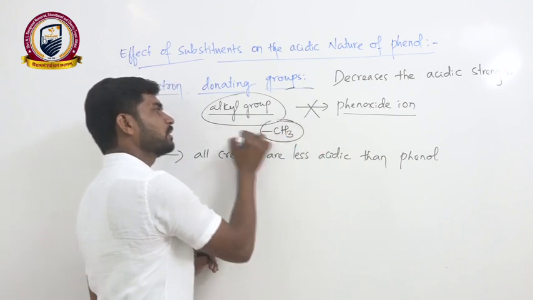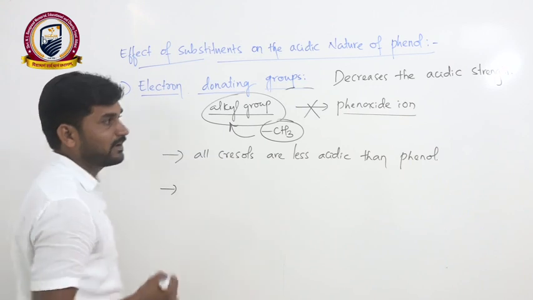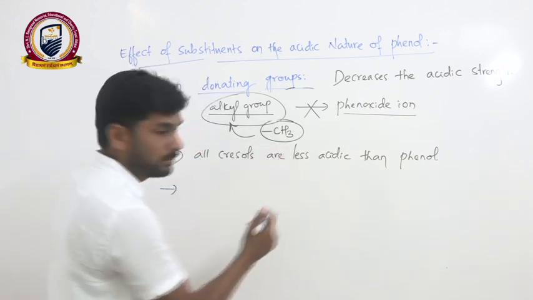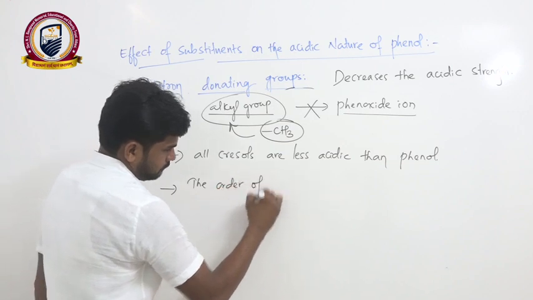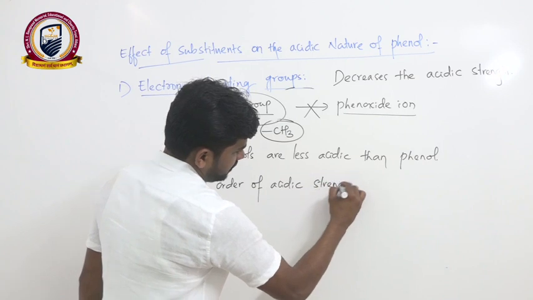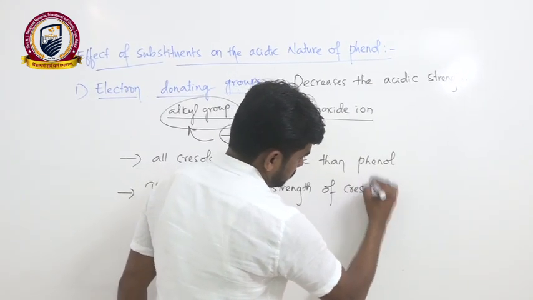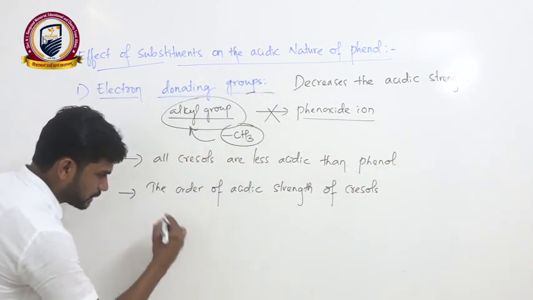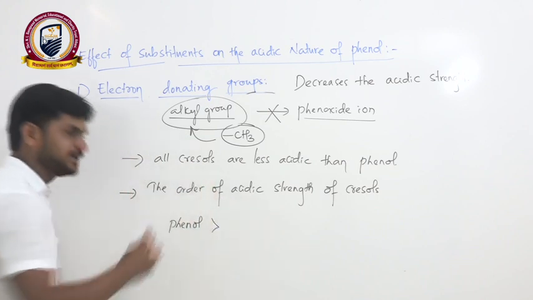So this CH3 group is called an alkyl group. Therefore, the order of acidic strength of cresols will be: phenol is more acidic than cresols.